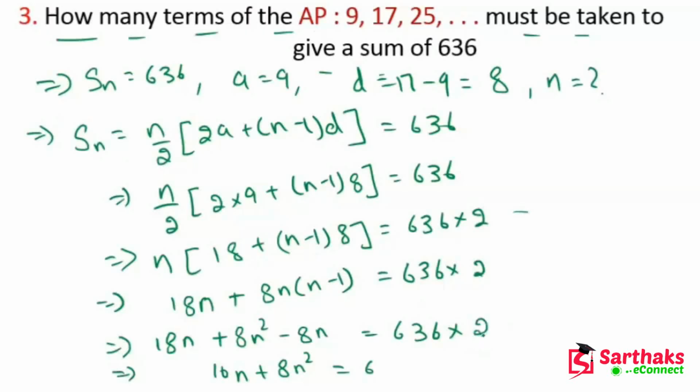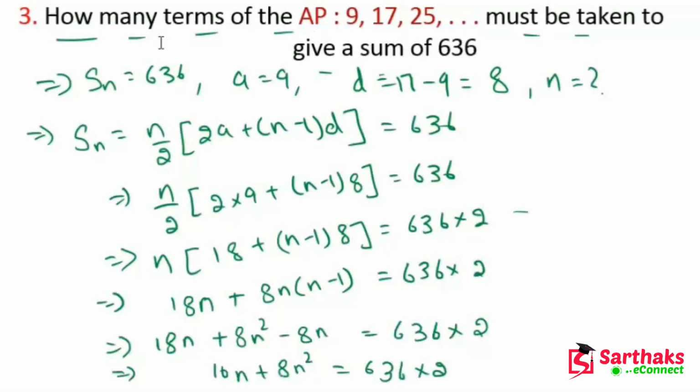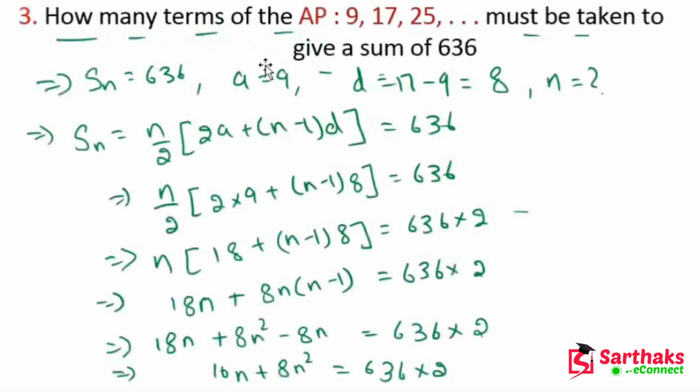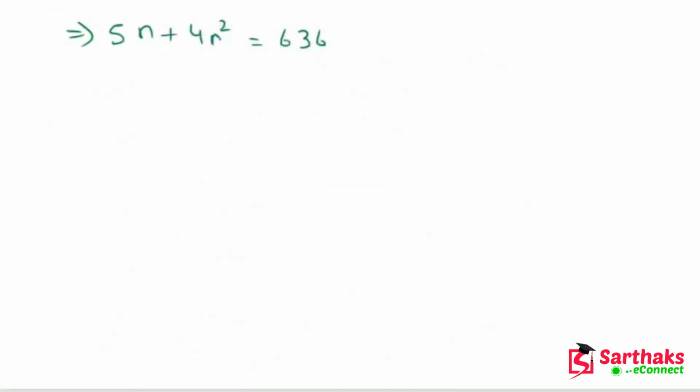Now if we take 2 as a common factor, we get 5n plus 4n square, which is equal to 636. Okay, I hope you get this point. Now this is our quadratic equation.